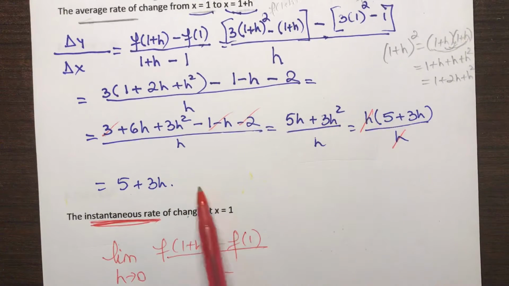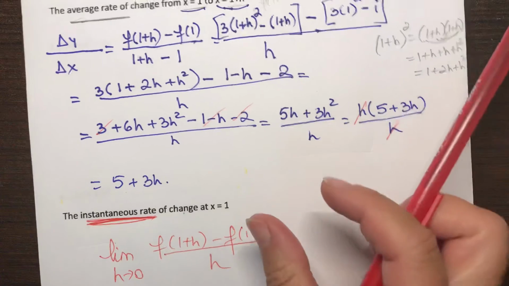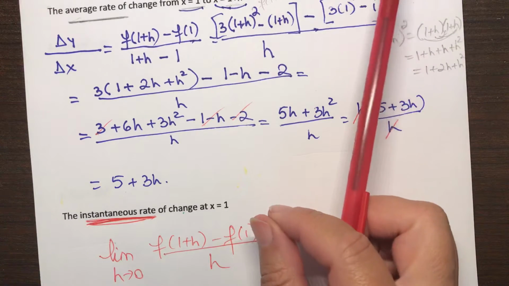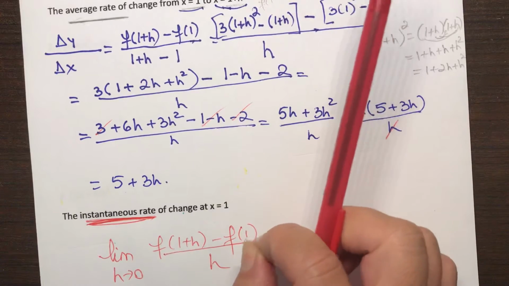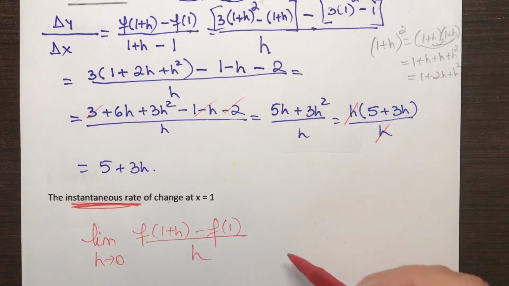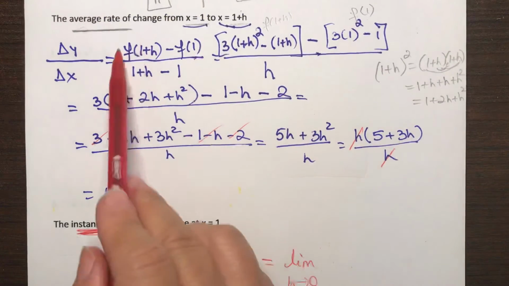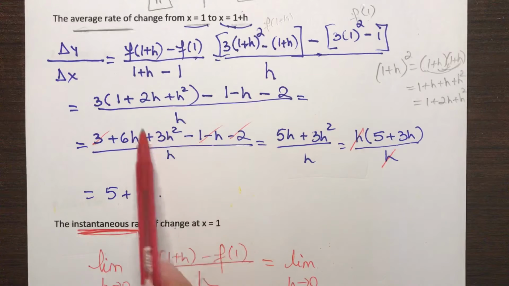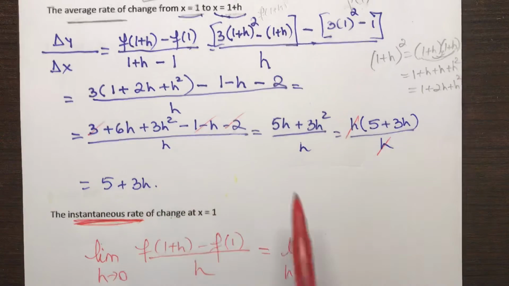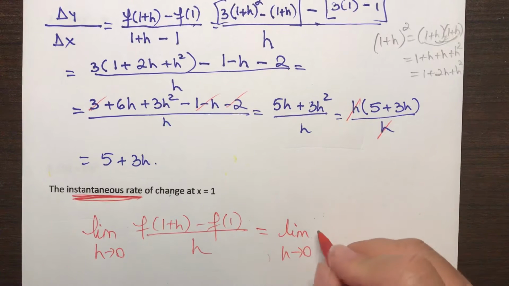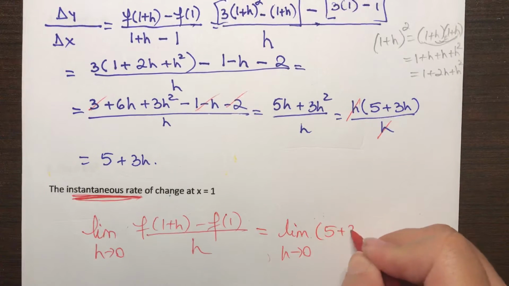All we're doing is now saying, okay, I don't want to go 2 units away. I don't want to go 1 unit away. I want to go almost 0 away, right, from this one. So since we already did the math on this, we already, in other words, did what? Reduced this expression, manipulated, and we know this whole ratio here came out to equal 5 plus 3h.